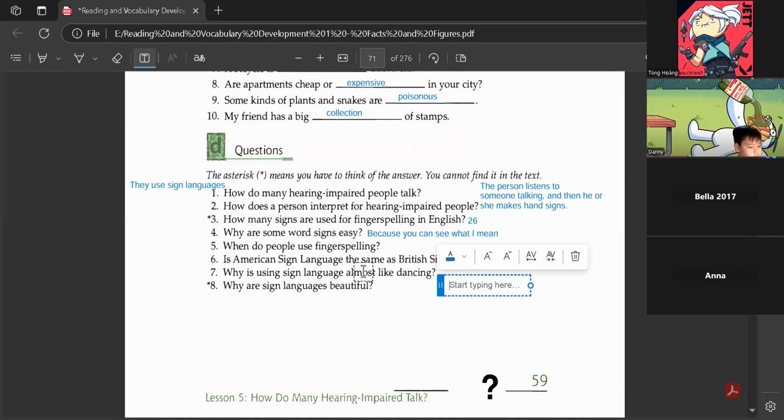Okay, number 5. When do people use finger spelling? Anna, when do people use finger spelling?